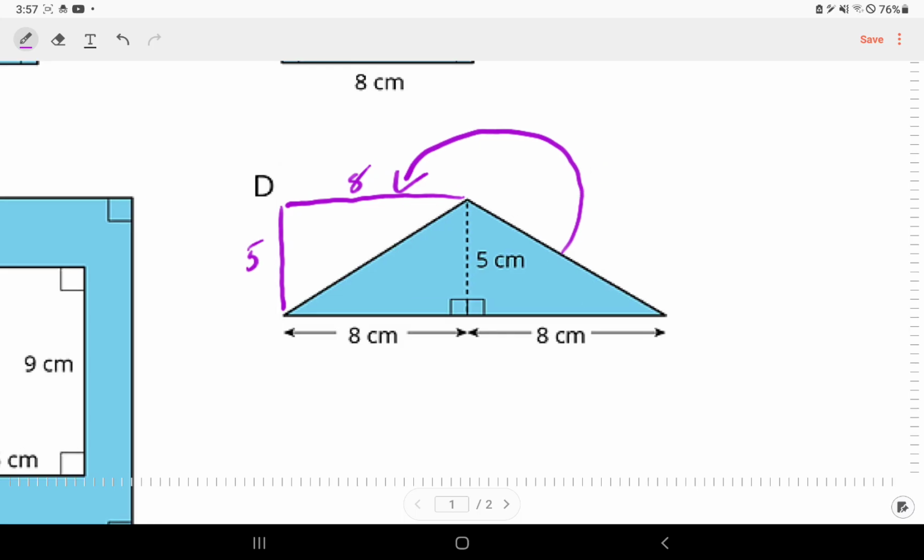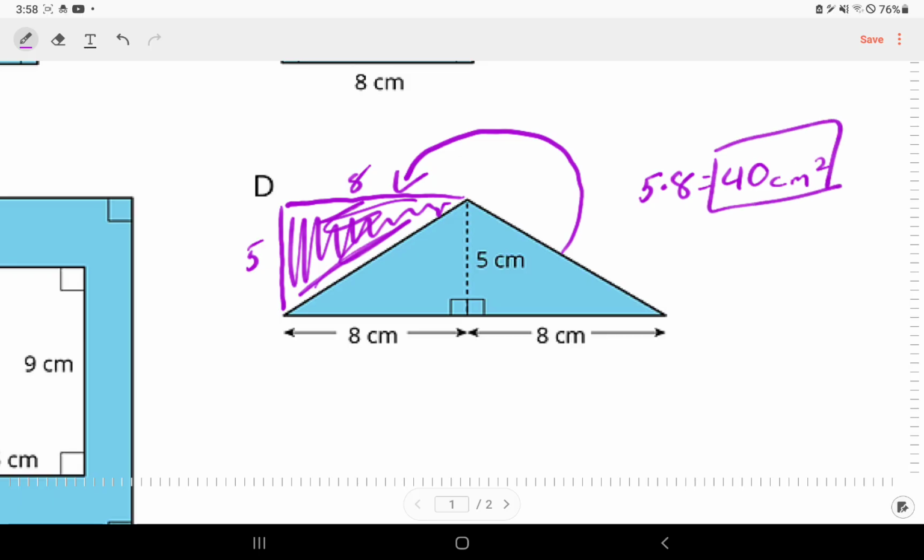And so it fits perfectly. And so now we've got this shaded section to match that shaded section. And so we find the area. That's 5 times 8, which is just 40 centimeters squared. And that's our answer.